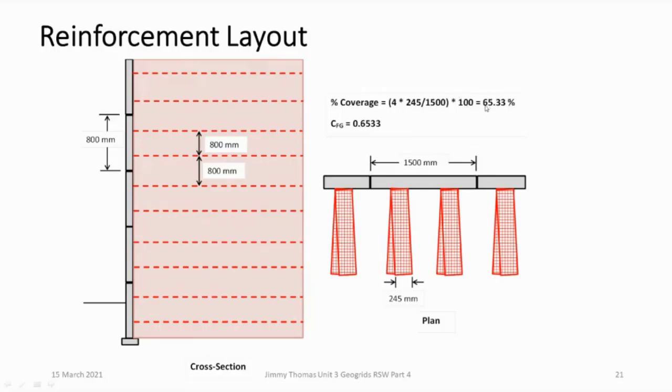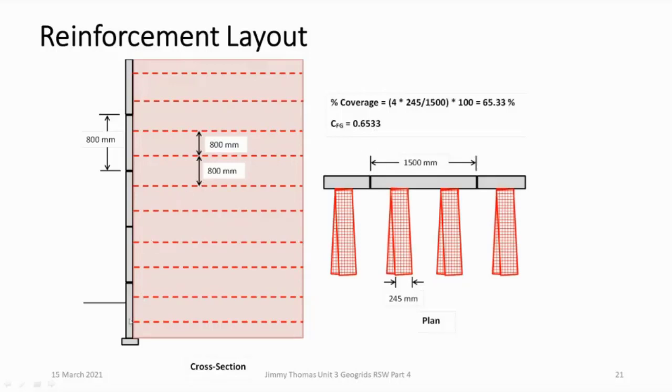It is around 64.33 percent. The coverage factor, as we call it, is 0.6533. This we will have to use in design. This is the way we calculate the percentage coverage. But if we were covering the entire area with geogrid, the coverage factor would have been 1.